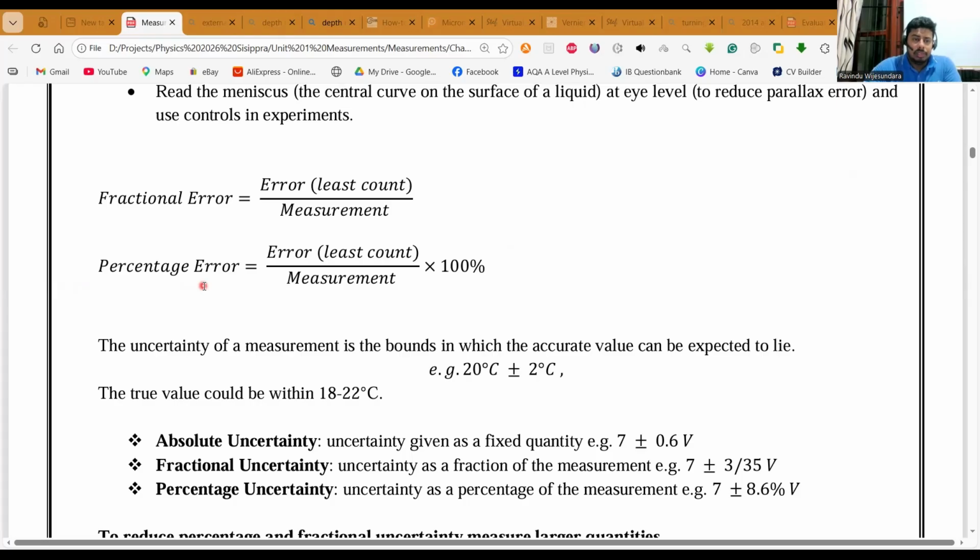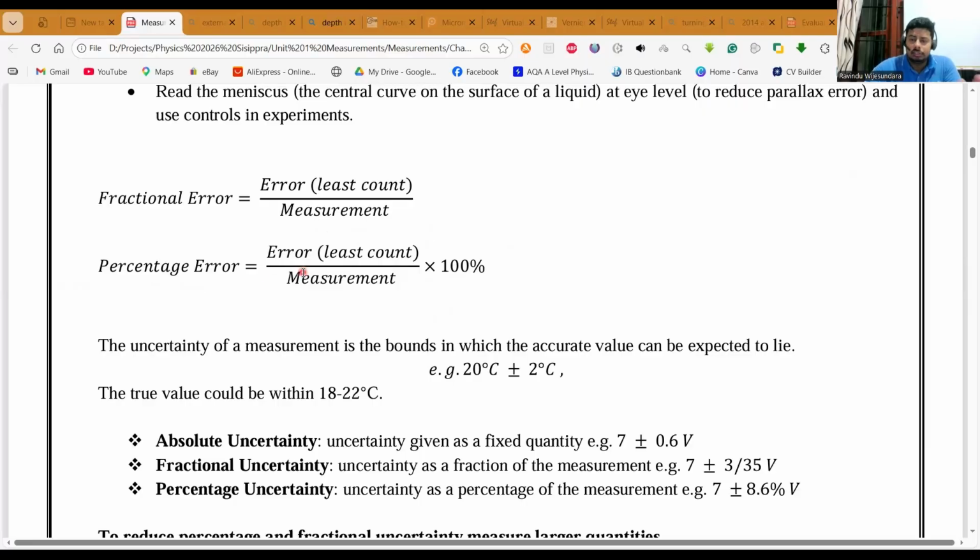The best way to have a lower percentage error is to have a least count of very small value and a measurement of larger value. So the denominator must be larger and the numerator must be as small as possible. Then you can have a very low percentage error.